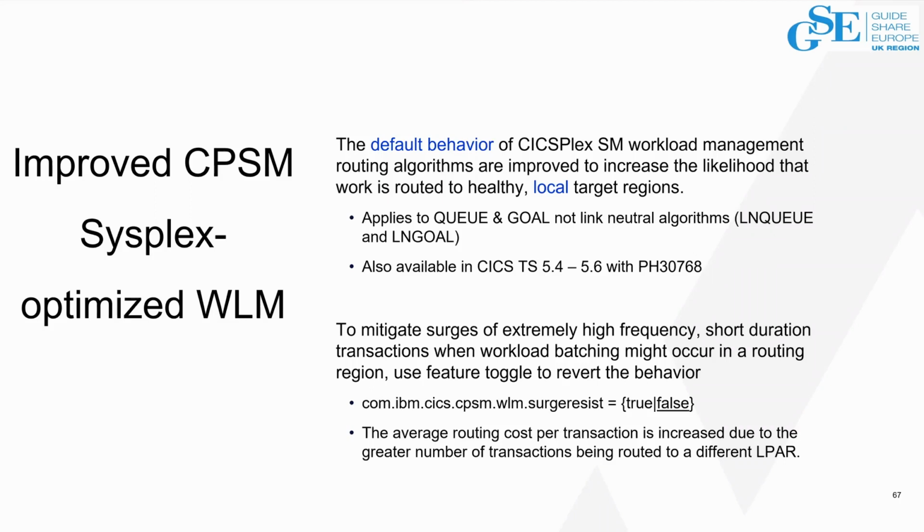And so we've given you a feature toggle to allow you to choose which way to go, whether you want to stick with the local region and let it endure the spike, or whether you want to spread that work out across other regions, which might not necessarily be local, they might be remote regions.